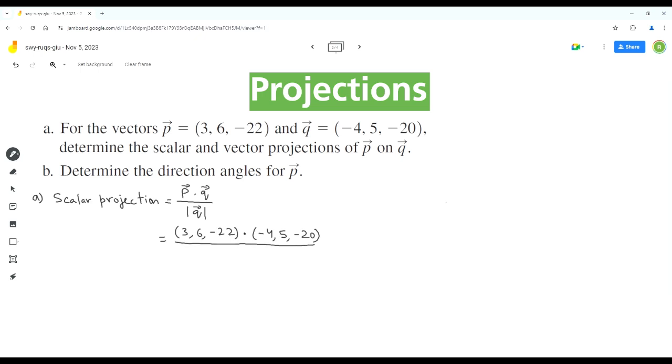For the magnitude of Q, we should square the components of vector Q, add them and apply square root to the sum.